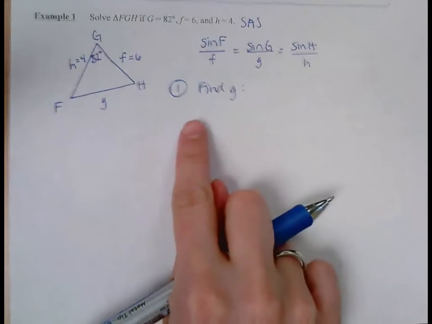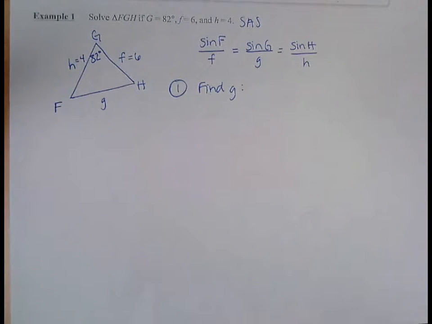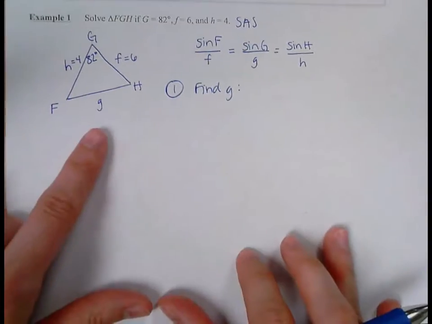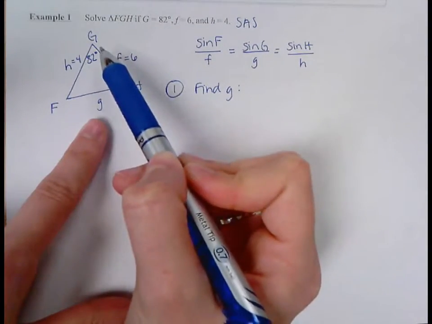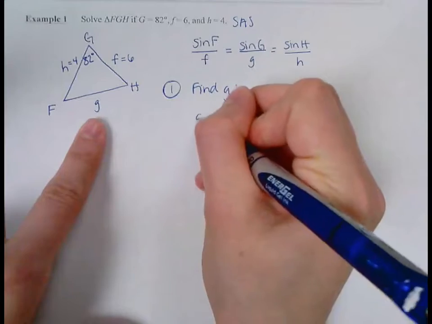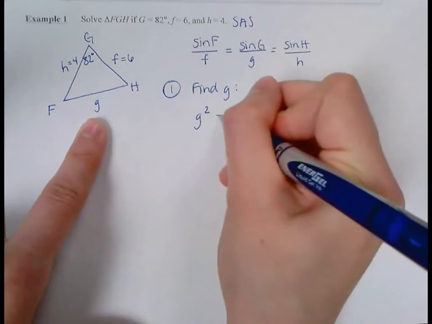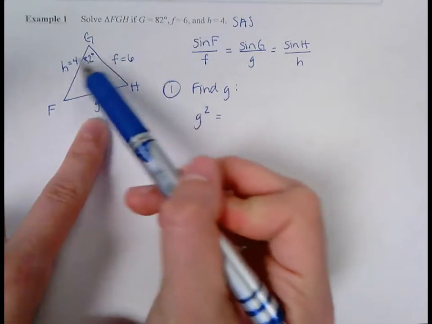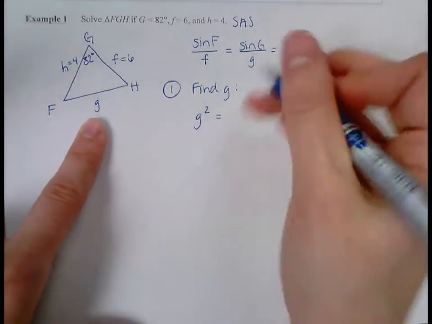So I'm going to set up what law of cosines looks like in relation to F, G, and H. If I'm referencing angle G, this is what the formula would look like. And I'm just writing a different variation of this. It would look like G squared, so the side opposite the angle I'm given squared, equals the other two sides squared. I'm going to write the formula, not plug in numbers right now.